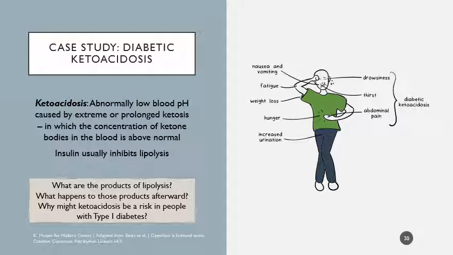Either you're not producing it at all due to pancreatic damage, or you're not producing enough of it. So if you don't have insulin providing negative feedback on lipolysis, then you're going to have increased rates of lipolysis. That means that your triglycerides are going to be broken down into fatty acids and monoglycerides.